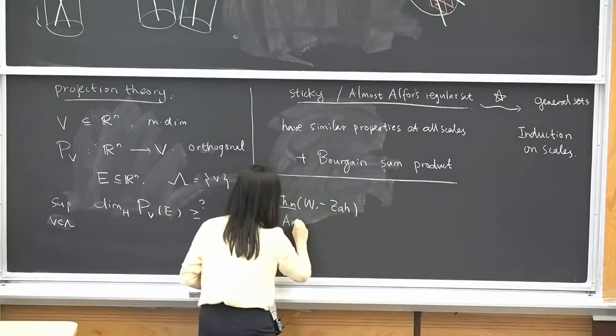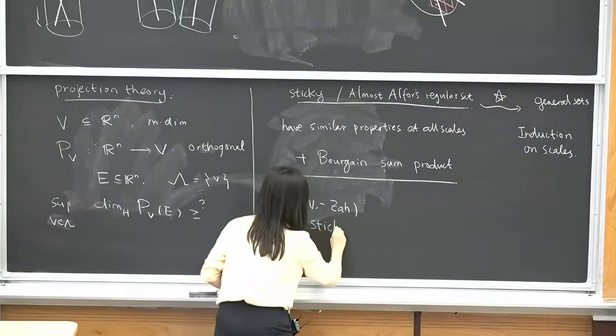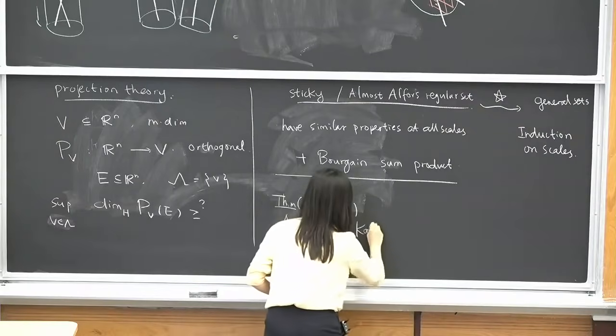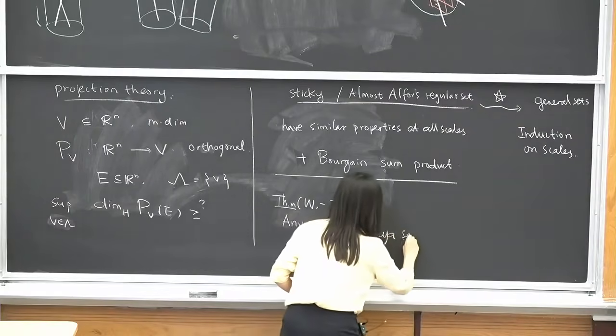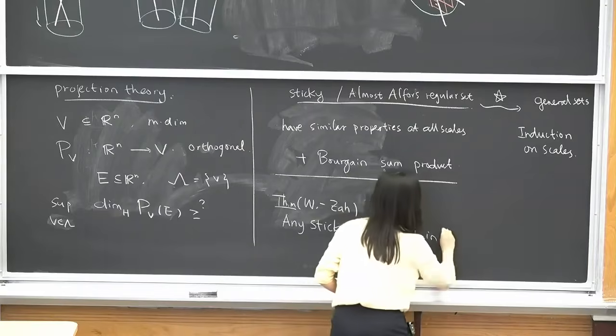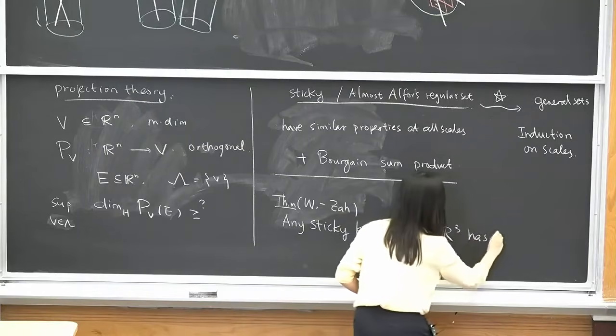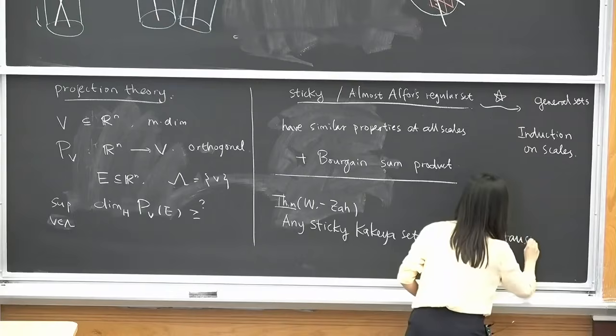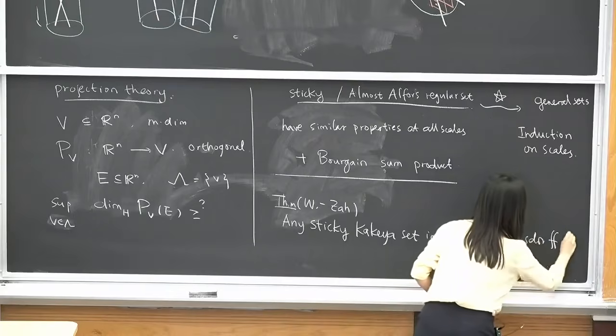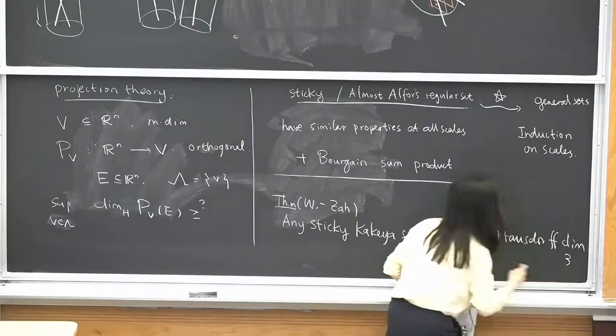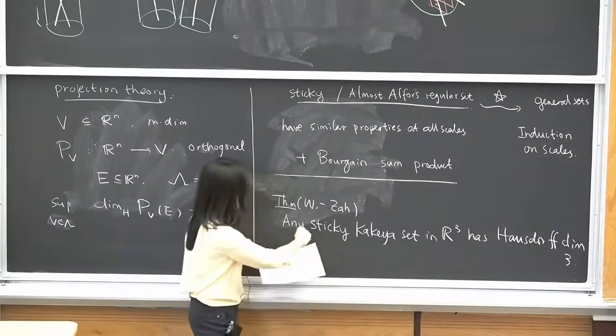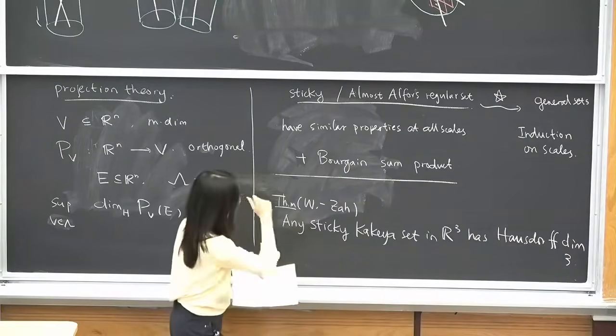So any sticky Kakeya set in R3 has Hausdorff dimension 3. And this is the place that we rule out the Heisenberg group example.